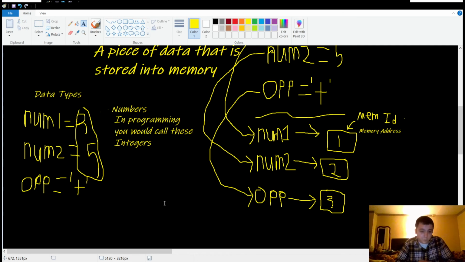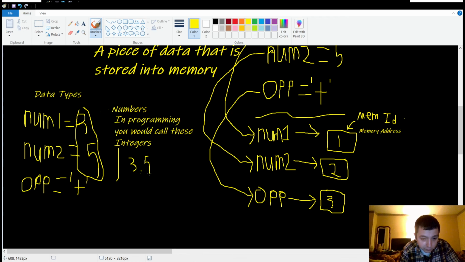And numbers, integers, what's the difference? It's not really a difference. Numbers is the way we're thinking of it being called, and integers is a very specific term. A type of integer basically means it's going to be a number with no decimal point. But let's say it was 3.56 instead of 3.